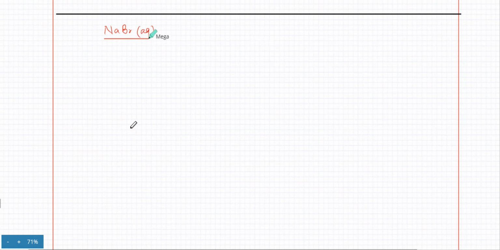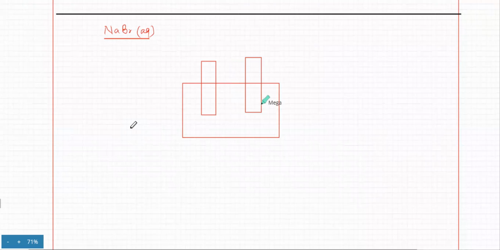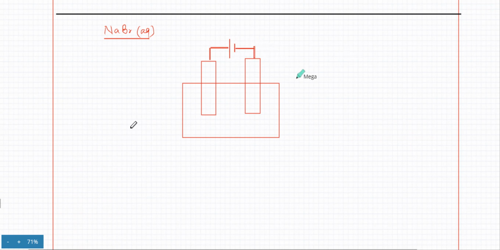Quickly drawing the diagram, the two electrodes, and they're connected to a battery. So that's your battery. Now NaBr aqueous.